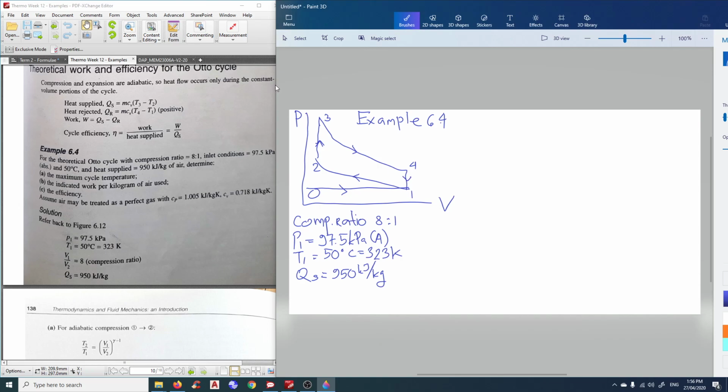Now let's read the question very carefully. It says the compression ratio is 8 to 1. This means V1 here would be 8 times more than V2.